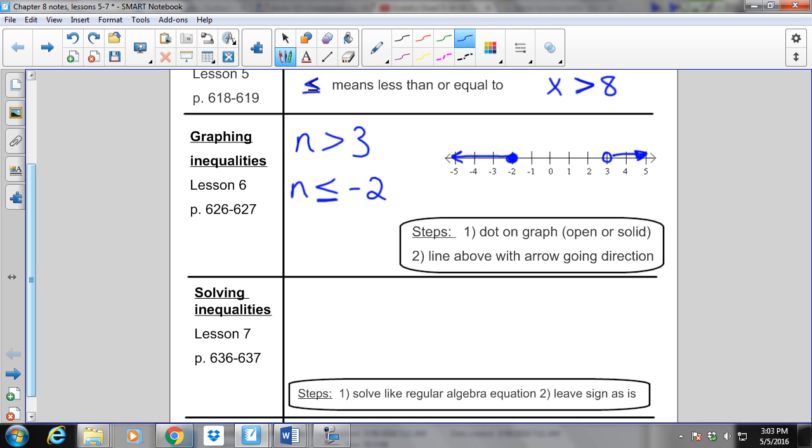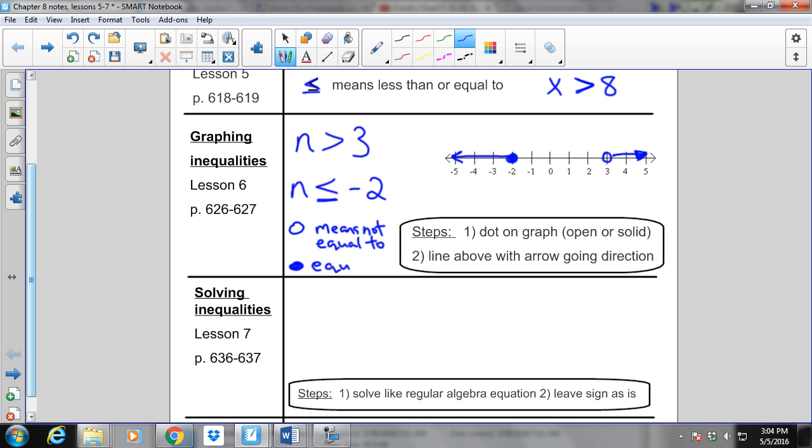I would put somewhere on my notes, because I always have to look this up myself even: an open dot means not equal to. A solid dot means could be equal to.